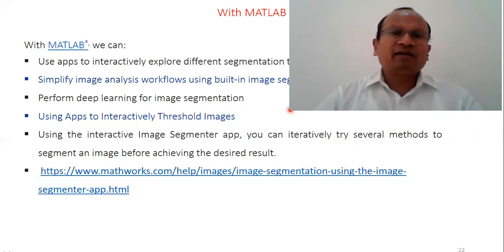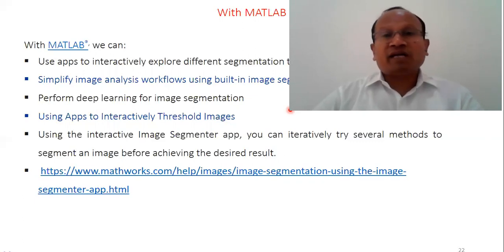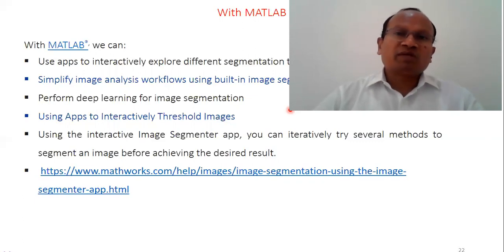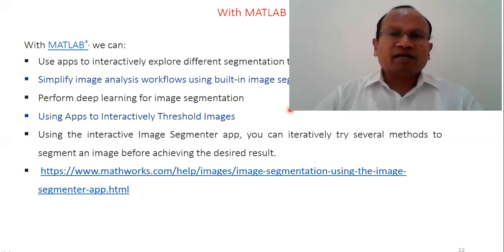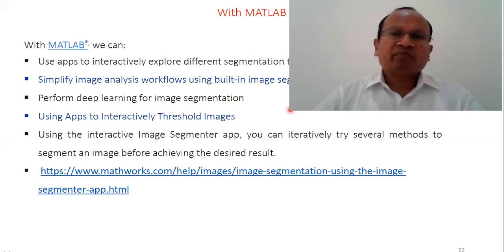We want to highlight a specified region. We can apply different methods in an interactive and iterative manner using a suitable machine learning method like deep learning. And these apps which are available in MATLAB facilitate all these provisions so that images can be segmented very nicely and appropriately.